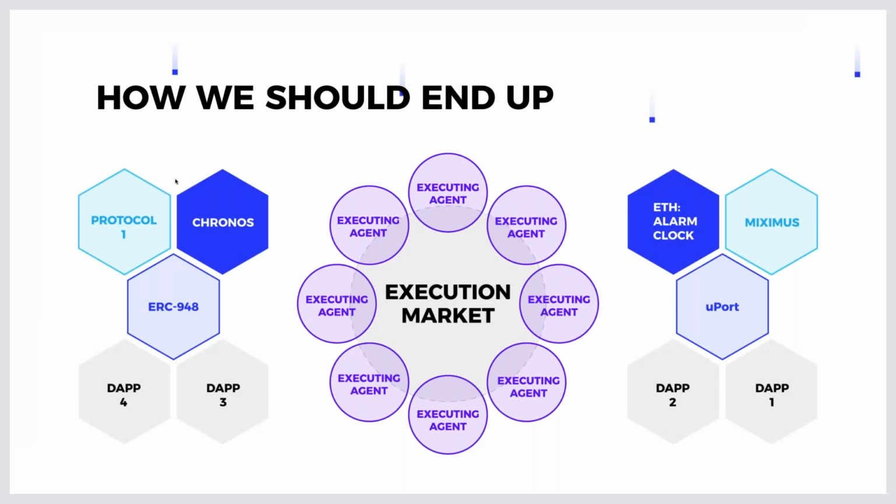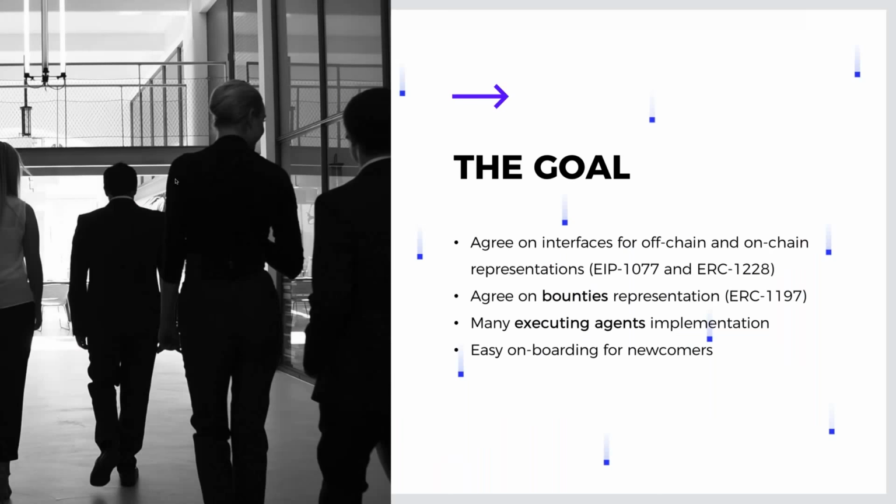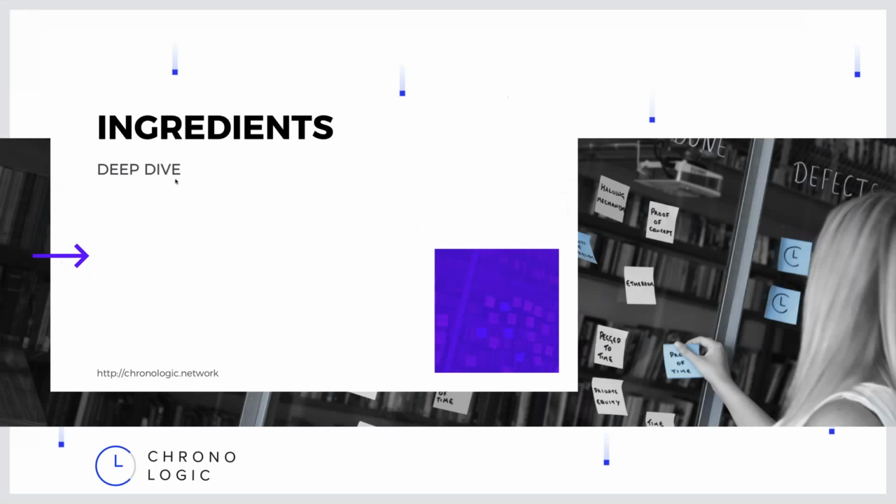What we should end up with, and this is something that we think is going to be very beneficial for the whole ecosystem, is a homogeneous execution market run by multiple generic execution agents. So regardless of the protocol or the DApp, it's going to be very easy to join and take advantage of this delegated execution pattern.